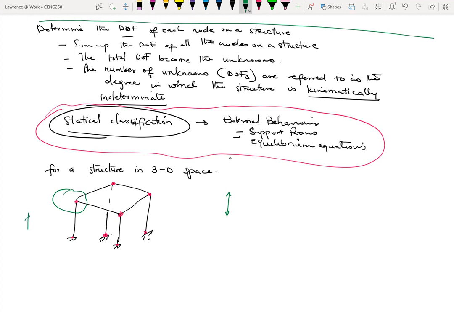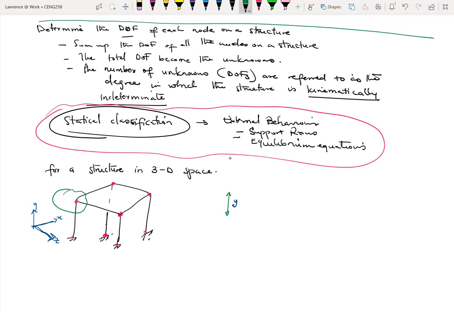So assuming if this is Y, this is X, then this is Z. Okay, let's make it that way. So in three-dimensional space, it can move up and down in the Y direction.